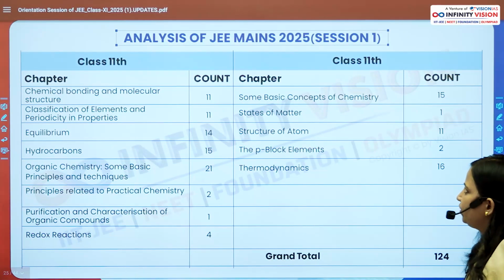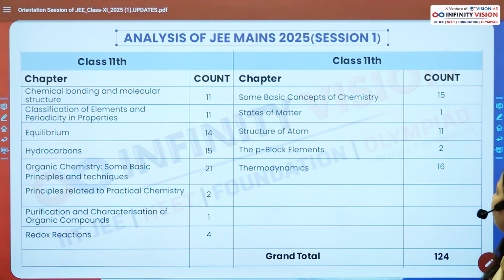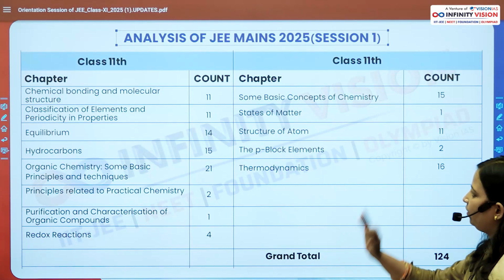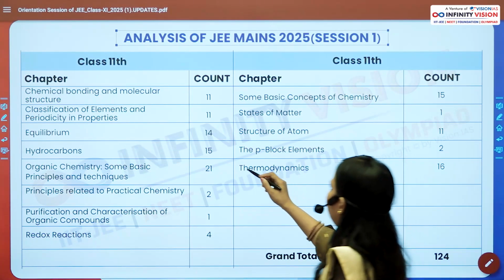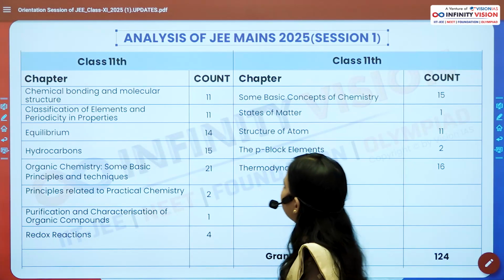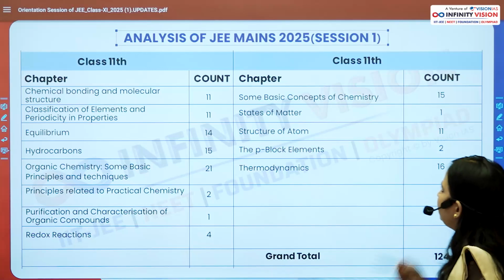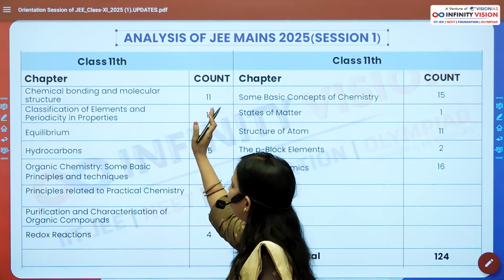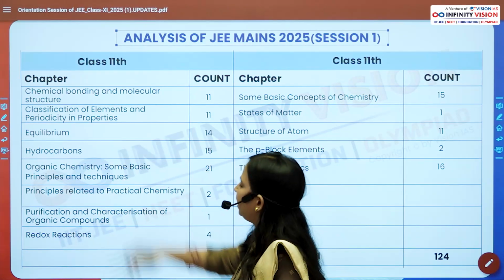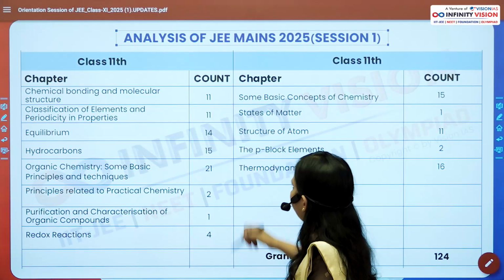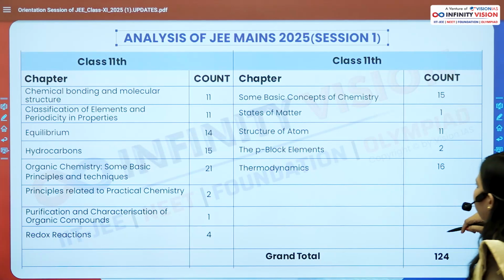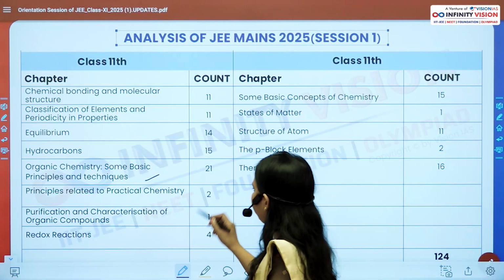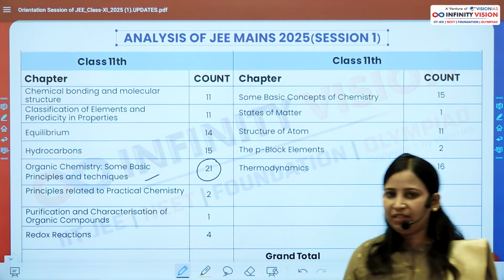Now, the analysis of JEE Mains 2025 session 1. These are the chapters and the respective number of questions asked from each chapter in the JEE Mains exam in session 1. We can see that for organic chemistry, some basic principles and techniques, the number of questions asked is 21, which is very high.